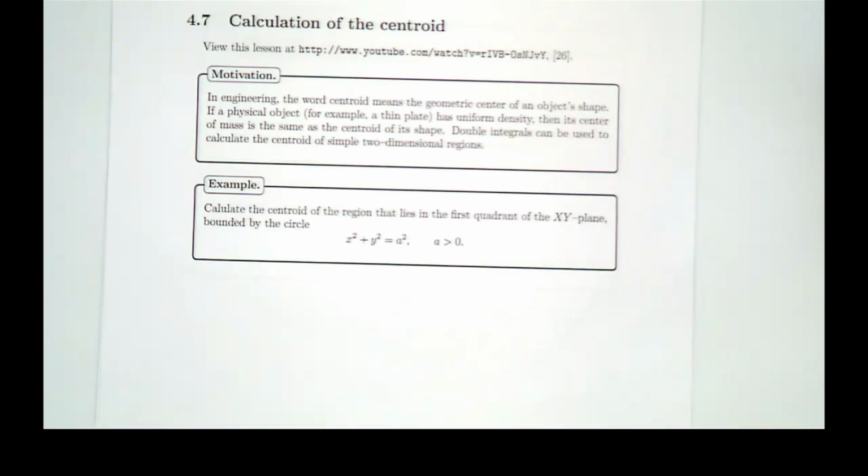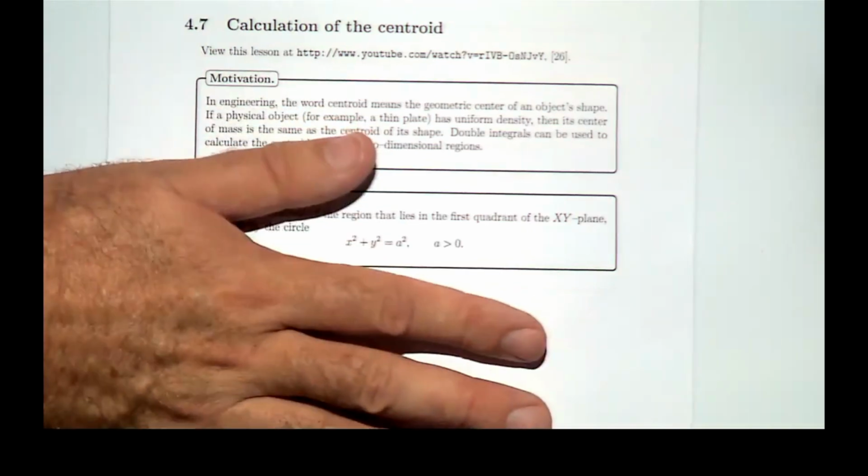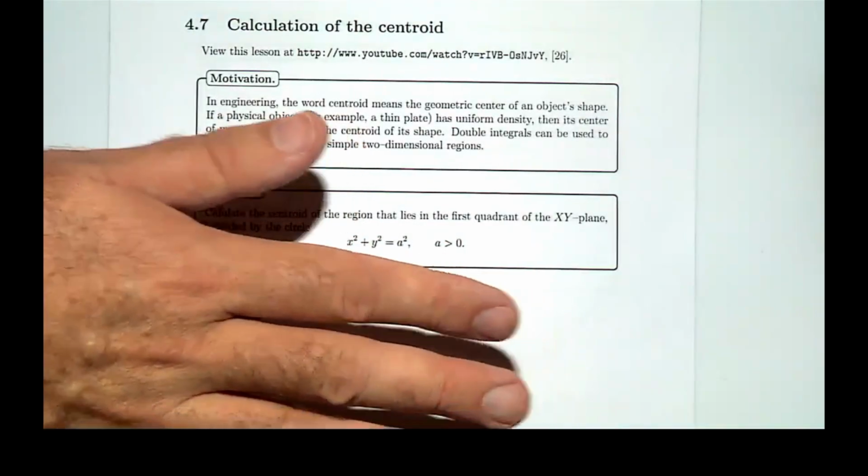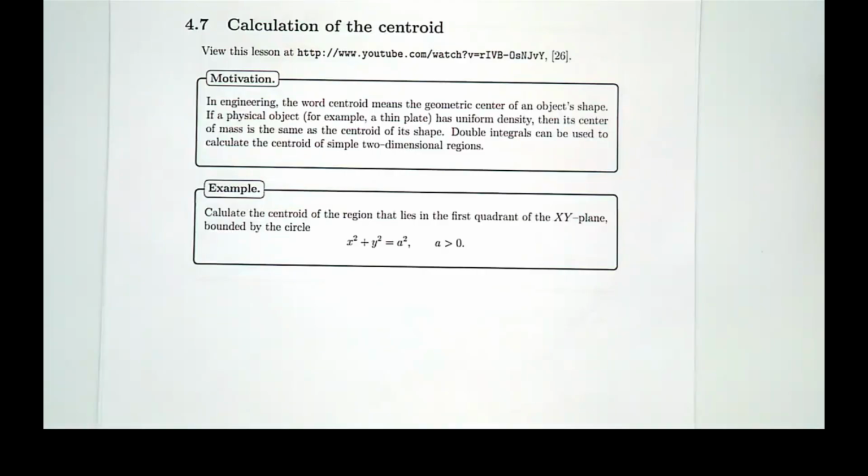You can use them to compute second moments of inertia. You can use them to do all sorts of stuff. So we're only going to scratch the surface here, but it is important, okay? And it gives you a way to connect what you're learning with something a bit more physical, if that makes sense.